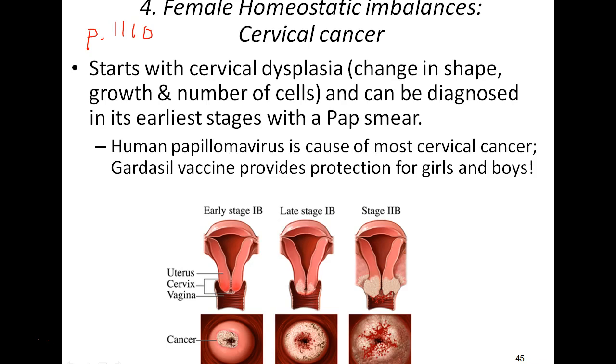And we could diagnose this early with a pap smear. For causes of this, current research is showing that the human papillomavirus, HPV, is a very frequent suspect when it comes to finding the source of this cancer. One way to protect against this is to get the vaccine. A Gardasil vaccine will provide protection for girls and boys.